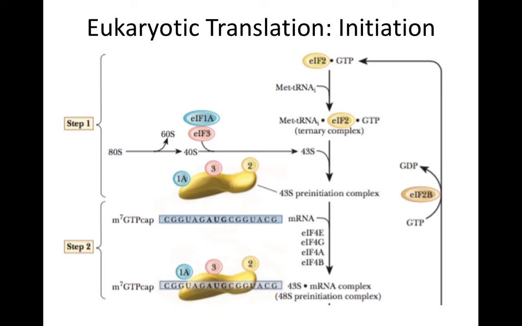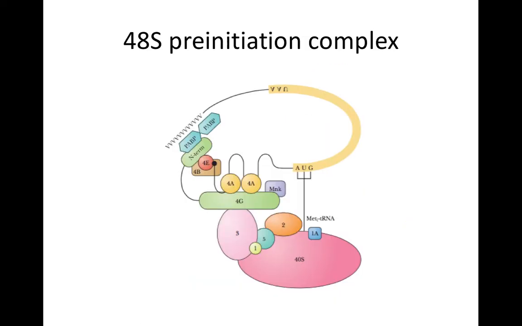These figures are just looking through the process in a larger image. And here, this is how your 48S pre-initiation complex really looks. You have the 40S subunit here, you have the tRNA here, and you have the other initiation factors here, and this is your initiation factor 4 complex.